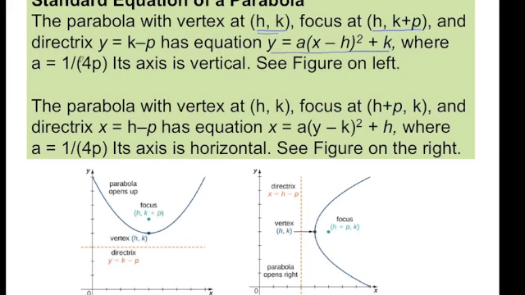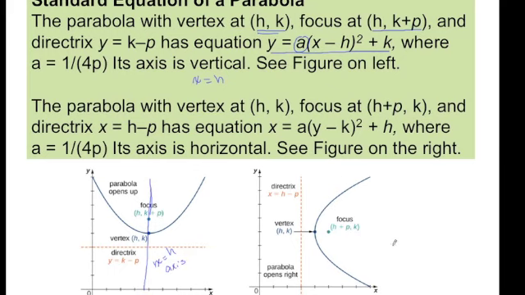And a equals 1 divided by 4p, where this a right here is 1 divided by 4 times p. Its axis is vertical, and the axis would be x equals h.